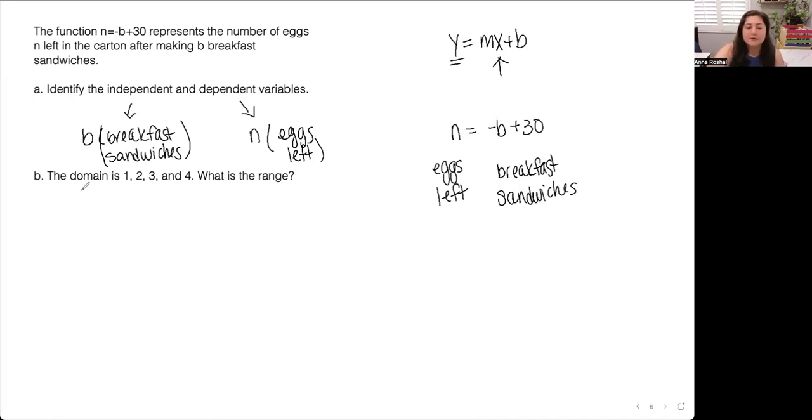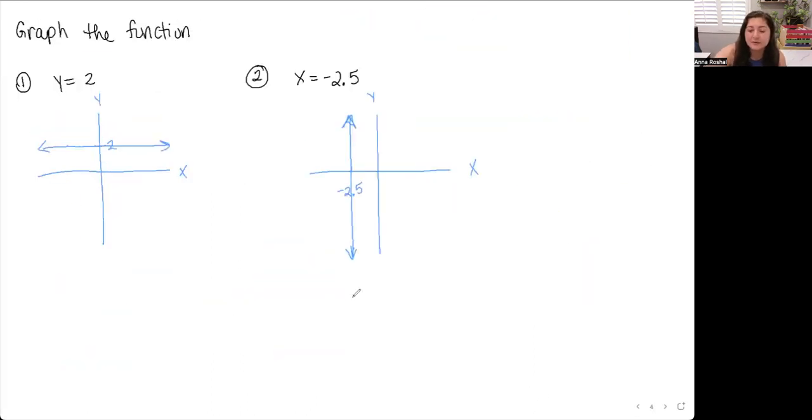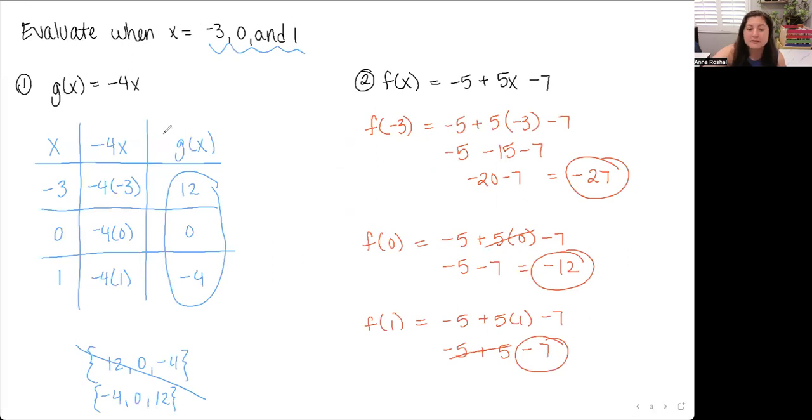Now they're asking us, this is the domain. What's my range? Again, I can do a couple of things. I really like this table of values that I had over here. I think it's very organized, very clean cut. It's one of my favorite ways to solve a problem.